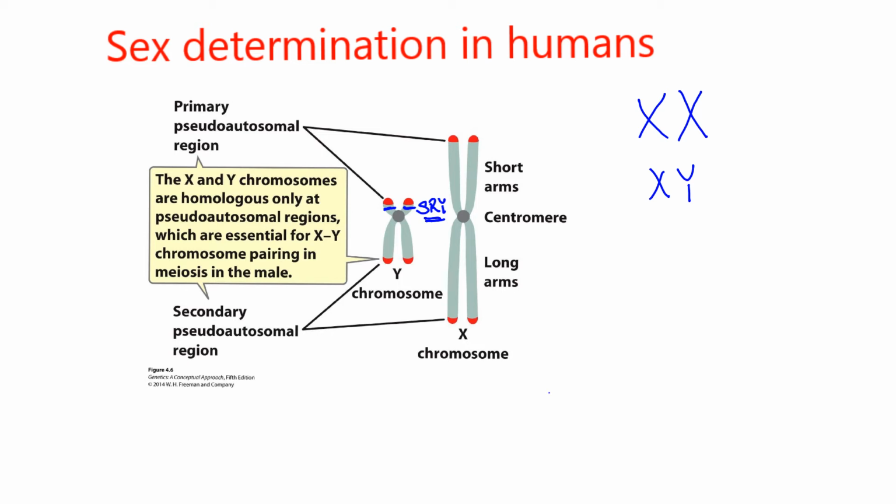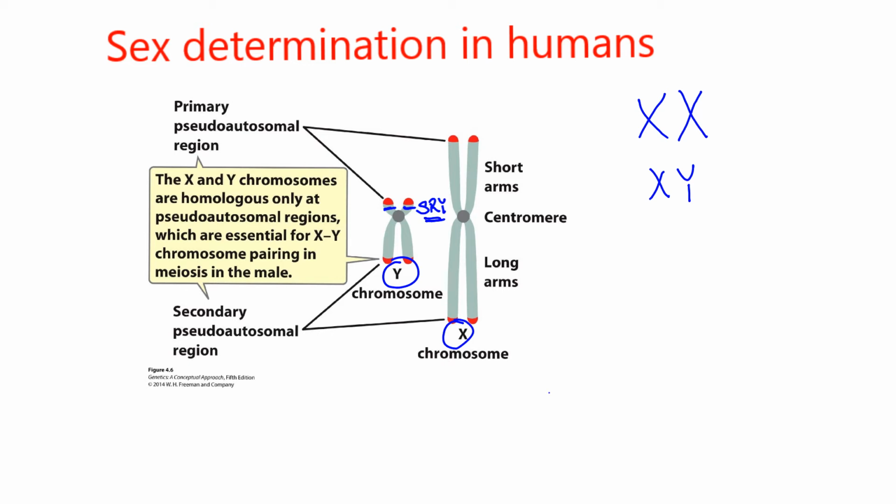Let's now go back and look at the X and Y chromosomes here in this picture. The first thing which should occur to you is that these two chromosomes are different in size, different in shape. So how can they align during metaphase I?